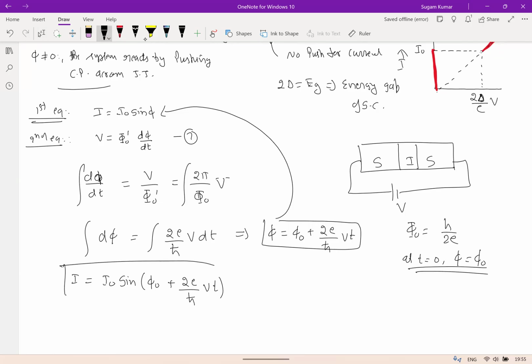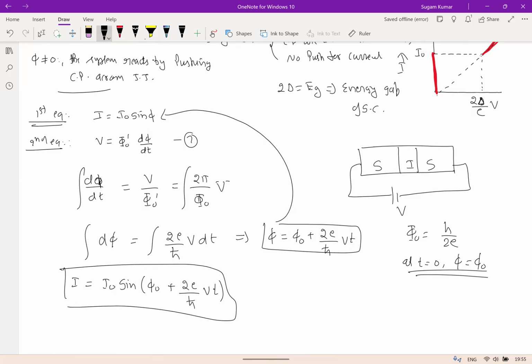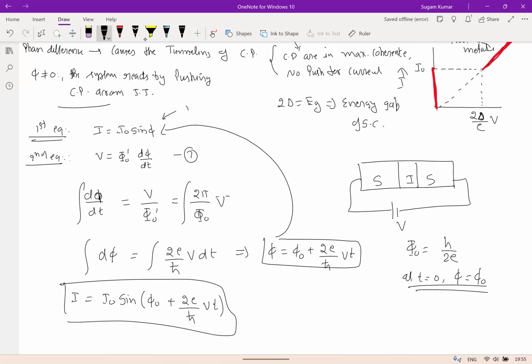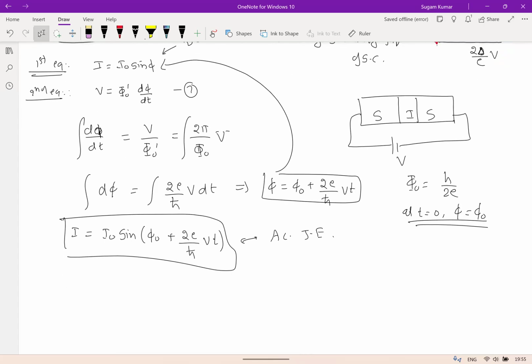The first one is called a DC Josephson effect, and this is called an AC Josephson effect. In the case of AC, when you apply some voltage, the current will oscillate. The Cooper pair will go there and come back. So the Cooper pair will keep oscillating.